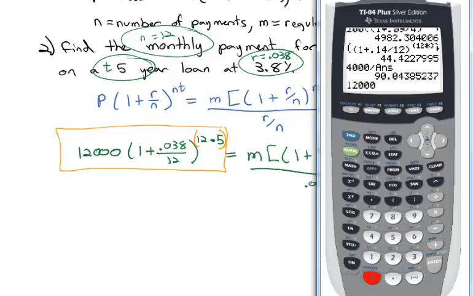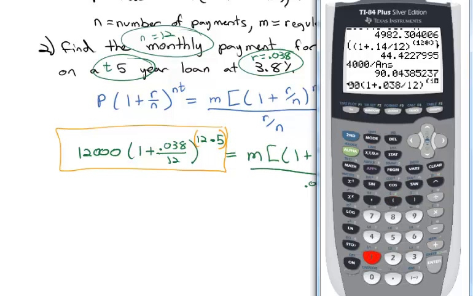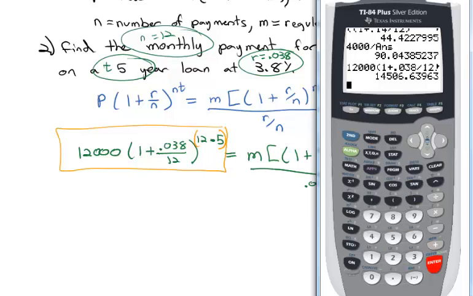12,000 times (1 plus 0.038 divided by 12), close the parentheses, to the power of (12 times 5). Hit enter. Now the first number I'm going to type in my calculator, I'm going to copy down as accurately as possible. The reason for this is we're not going to have that previous answer feature because we're going to do another calculation and we're going to lose this number.